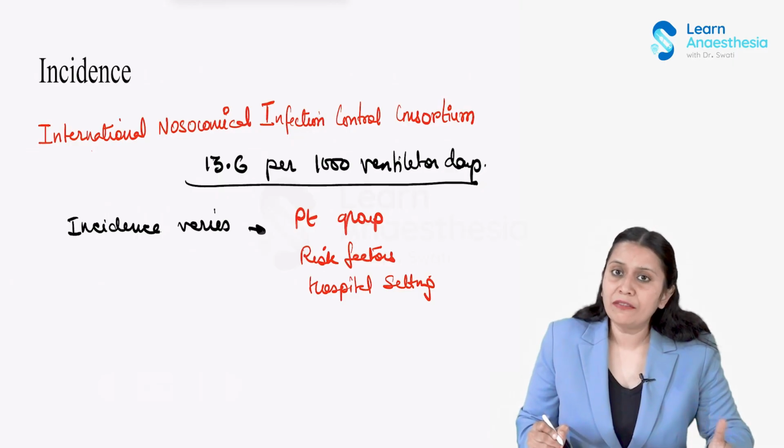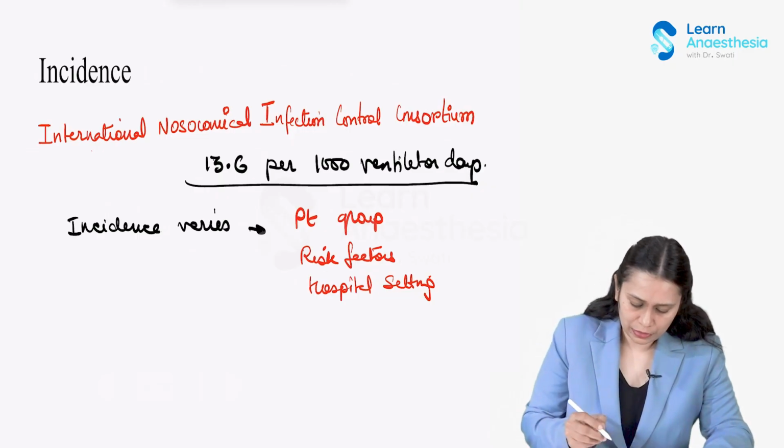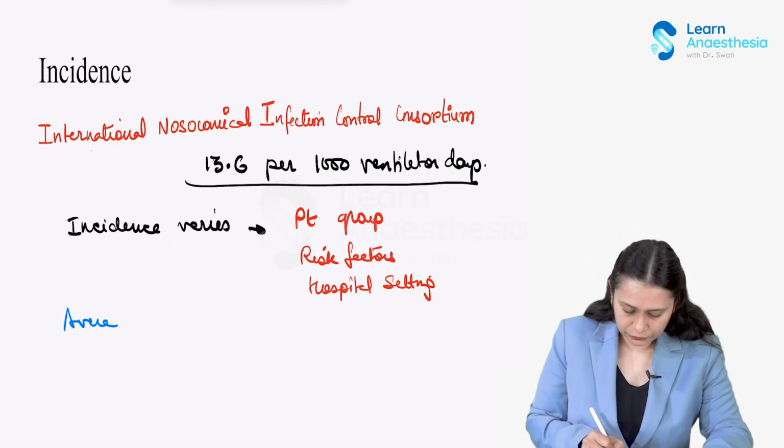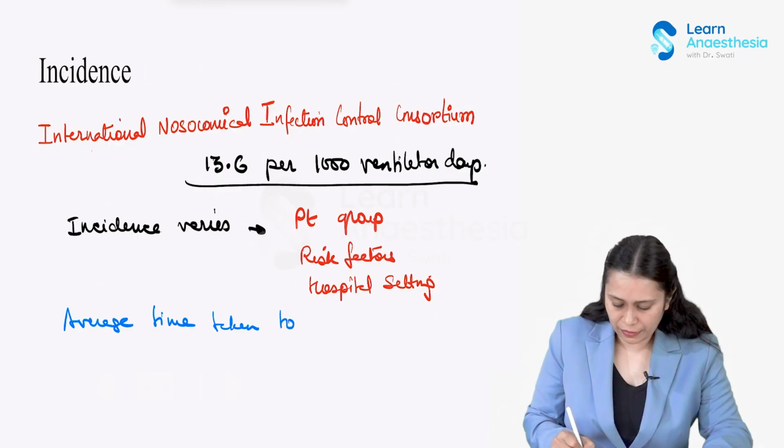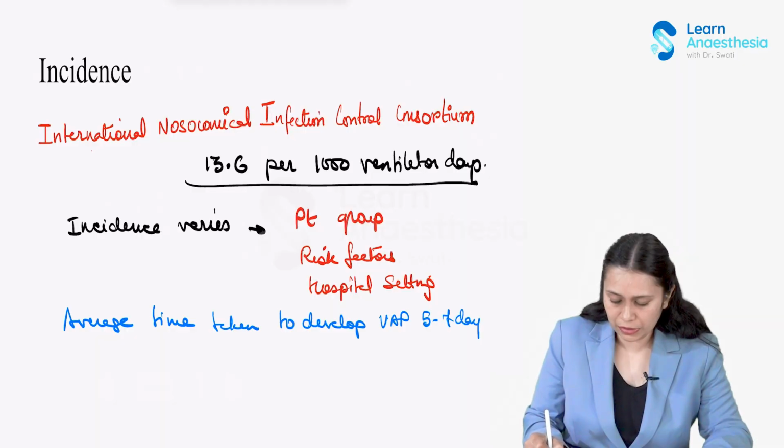Now the average time to develop VAP is found to be 5 to 7 days after the start of ventilation, right?